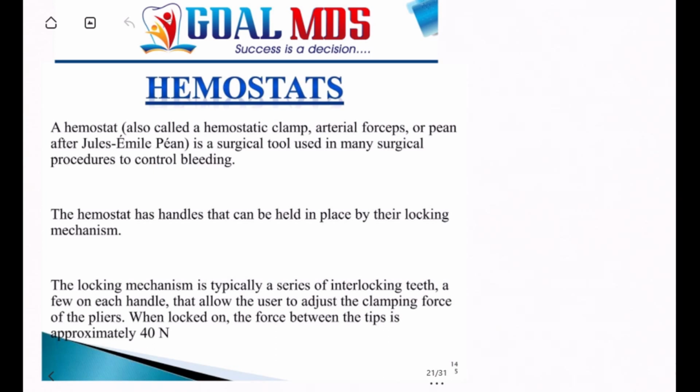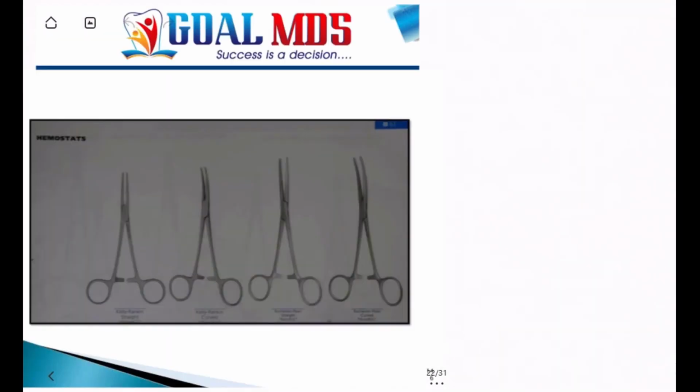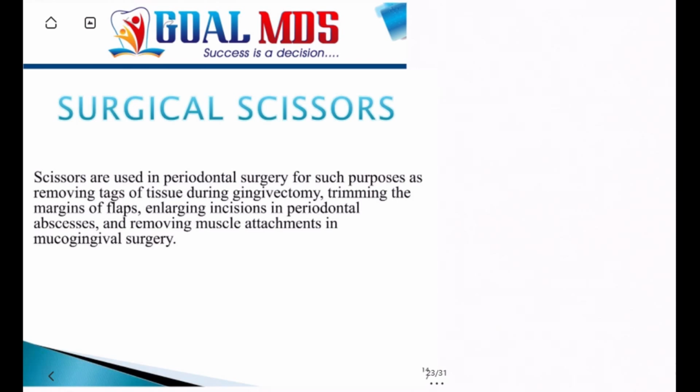This allows the clamping force of the pliers, and the force is around 40 Newton. Surgical scissors are used for removal of tags of tissue during gingivectomy, trimming the margins of flaps, and removing muscle attachment in mucogingival surgeries.